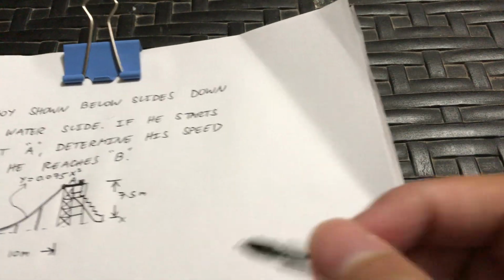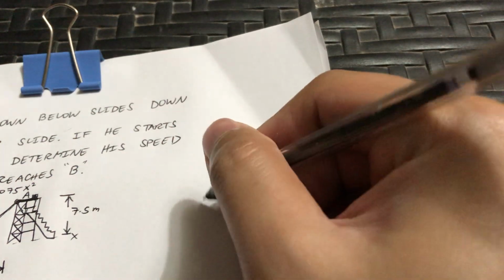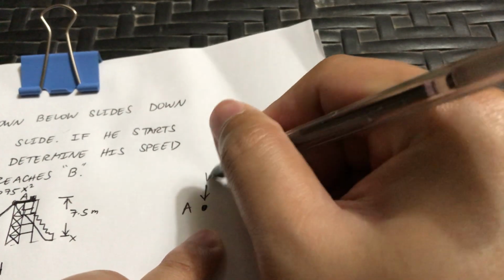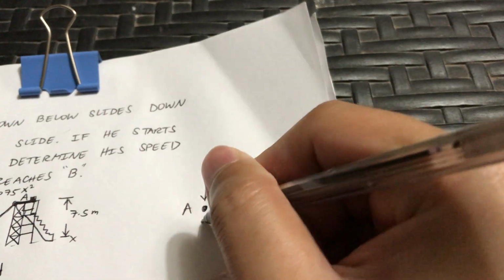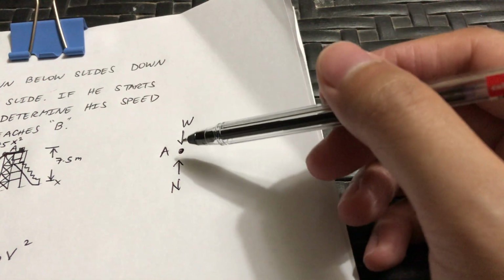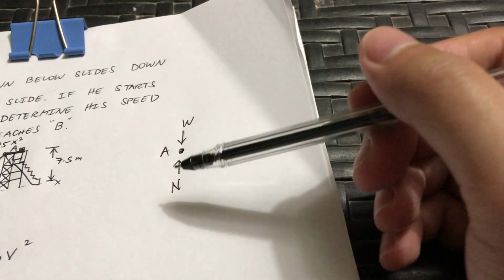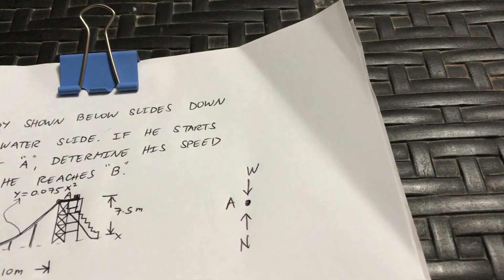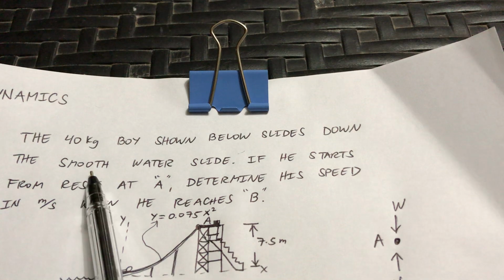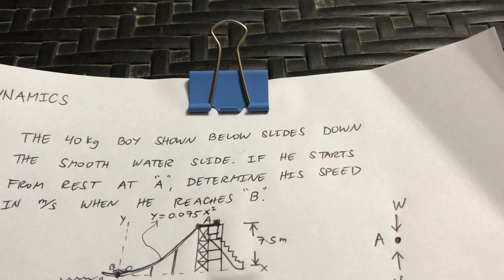If we create the free body diagram which shows the forces at point A, we only have the weight and the normal force. There are no other forces acting on the boy, only the weight and the normal force, since the boy will slide on a smooth water slide. Smooth meaning there will be no friction.